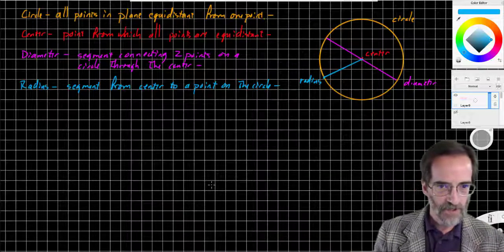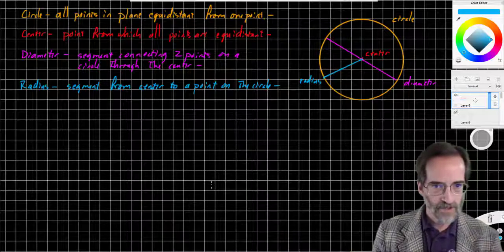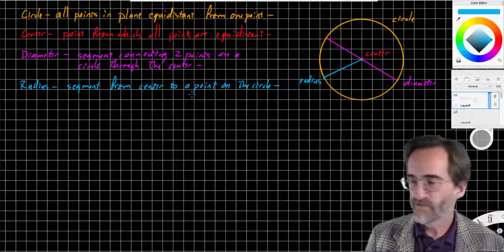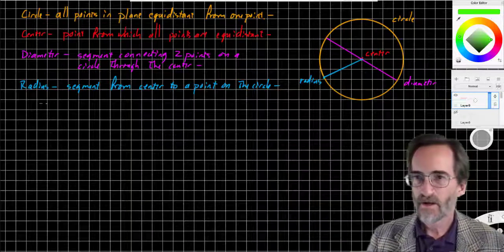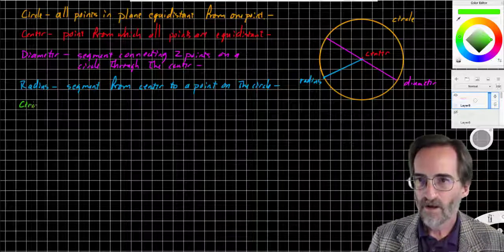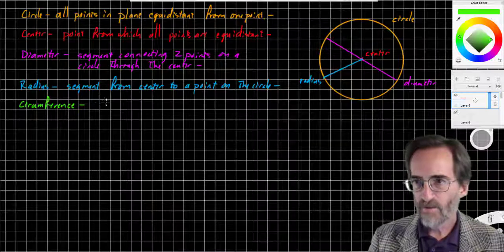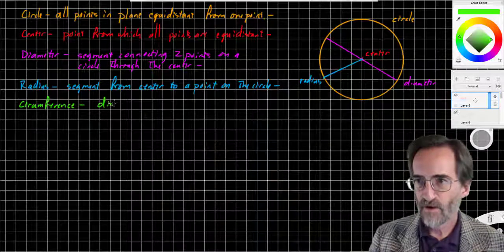Okay, we've done diameter. Circumference. Distance around a circle.